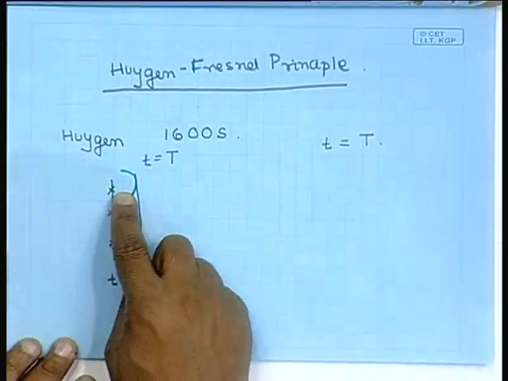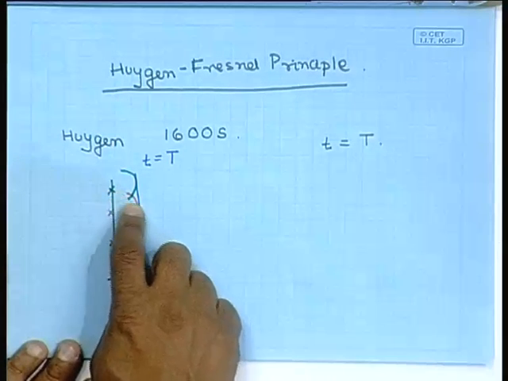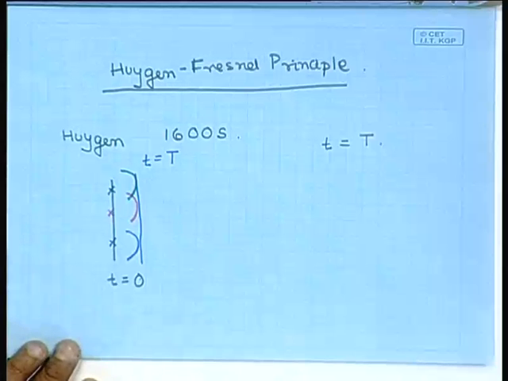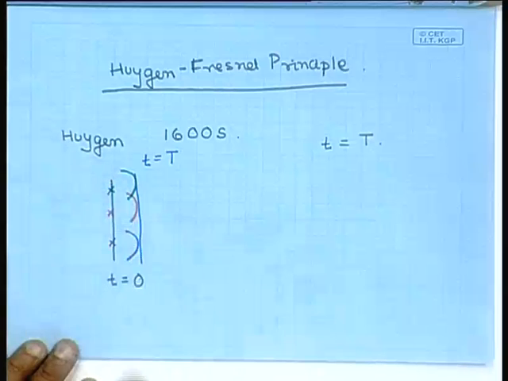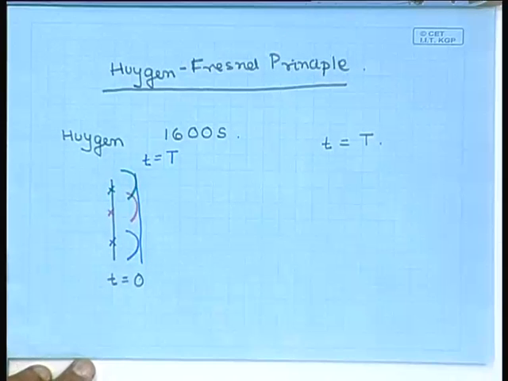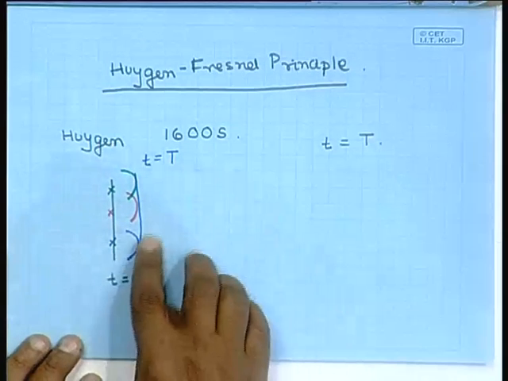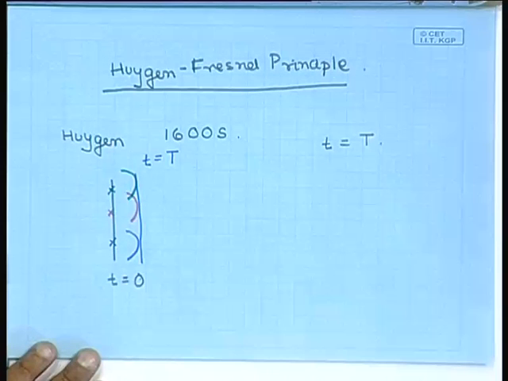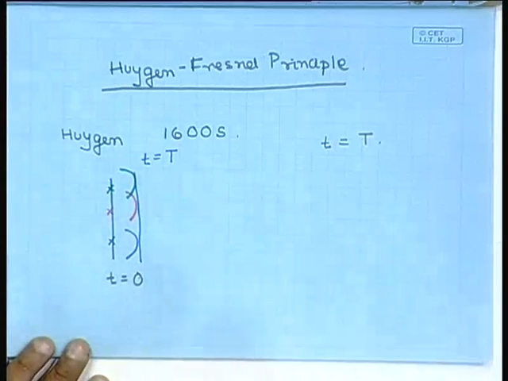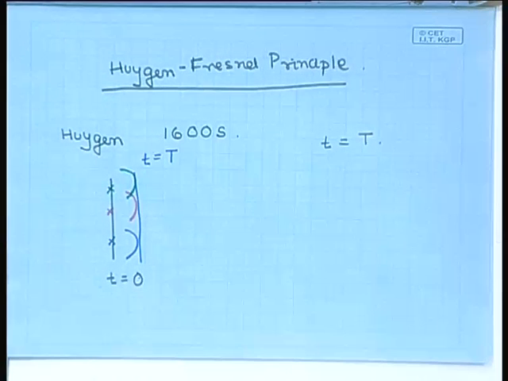So, the spherical wavelets which will be emitted will, if the medium is such that the speed of light is different in different directions, for example, then the secondary wavelets are not going to be spheres, they will be ellipses or some other such thing, and you can then use the Huygens construction, the Huygens principle, to determine how the wave front is going to evolve as a function of time. In vacuum, it does not tell us anything very interesting, as I have already told you, but if you are dealing with a refracting medium, the Huygens principle is very useful.